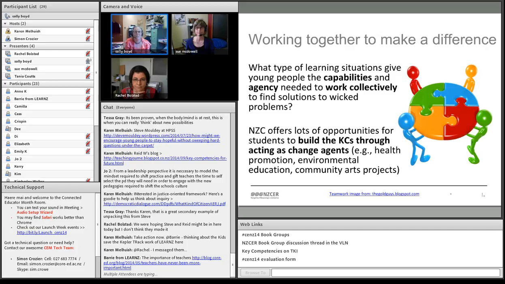The cover shows a picture of the wharf at Tolaga Bay, and one of the stories in the book is about a group of students, teachers, scientists and local iwi who are working together on an environmental project to sustain the local water catchment area. That's just one example, but there are examples throughout the whole book about how people are working together to create change.